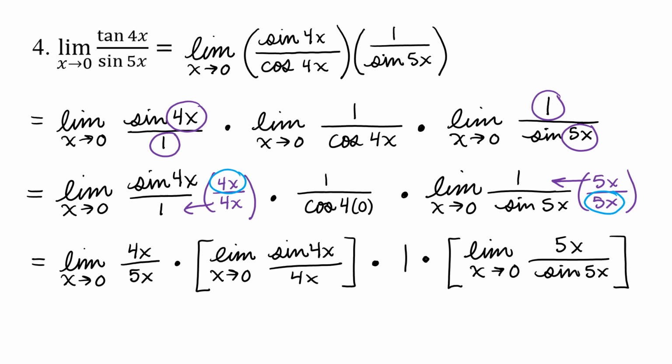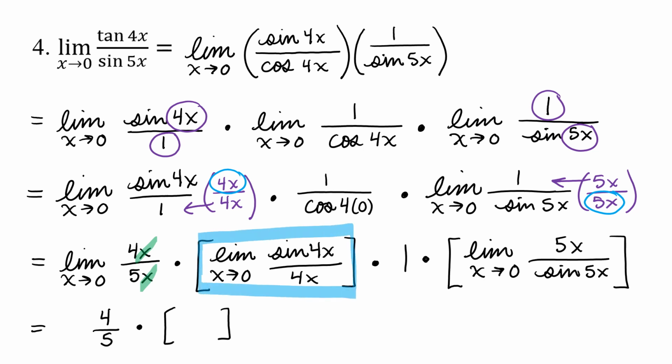For our limit as x approaches 0 of 4x over 5x, these x's will divide out. So we just have the limit as x approaches 0 of 4/5, and the limit of a constant is that constant. So we have 4/5 times, well, the limit as x approaches 0 of sine of 4x over 4x looks like one of our known limits. So this will be equal to 1.